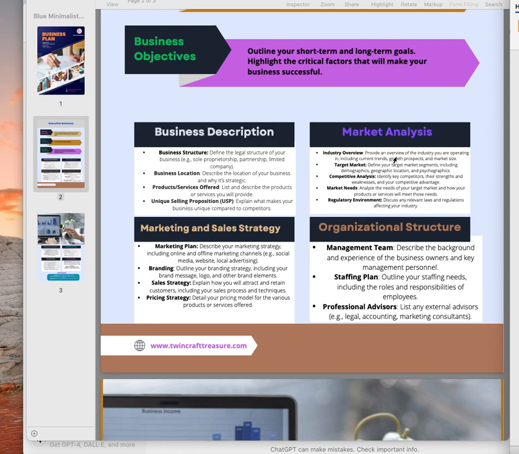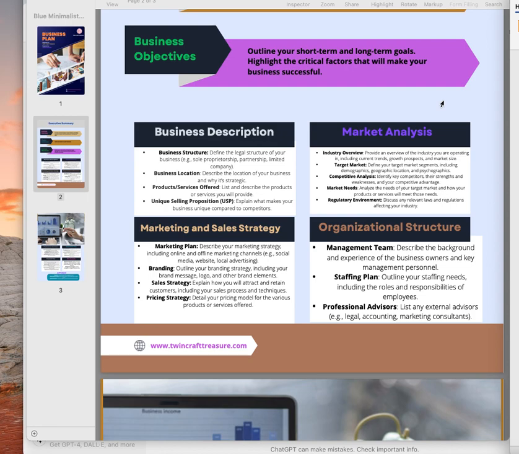Then next section is market analysis, so your industry overview. You can provide an overview of the industry you're operating in, including current trends, growth perspective, or market size. Then who is your target market? You can define your target market segments, including demographics, geographic location, and psychographics.